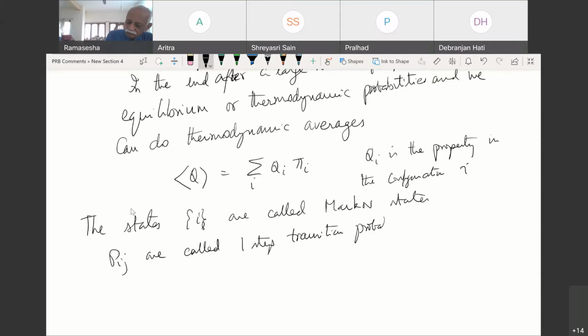So they are the one step transition probabilities, and you can do the quantum calculations using this one. So this is the basis for the calculations.